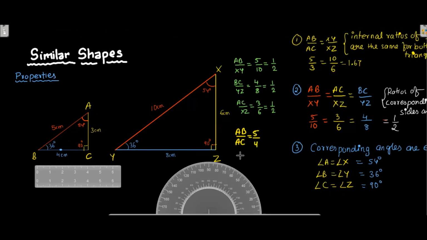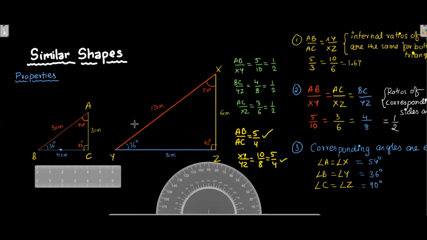Similarly, for the other triangle, XY divided by YZ. AB corresponds to XY and AC corresponds to YZ. Substituting the values, 10 divided by 8, and if you reduce this fraction, 2 times 5 is 10 and 2 times 4 is 8, you get the same value. So that's the first property.